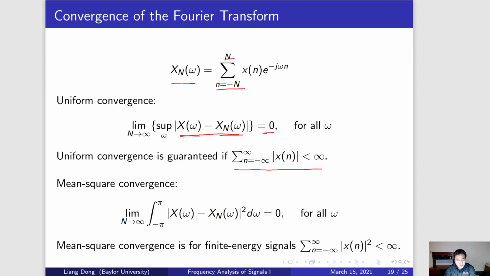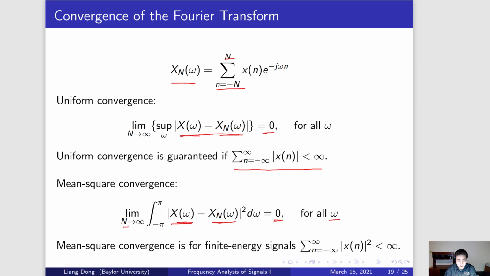There is also another definition, mean square convergence. Mean square convergence compares the Fourier transform result and this finite sum. If the absolute value squared integrated over one period, negative pi to pi, d omega, as N approaches infinity, this mean square difference between the two is 0, then we call this Fourier transform convergent.